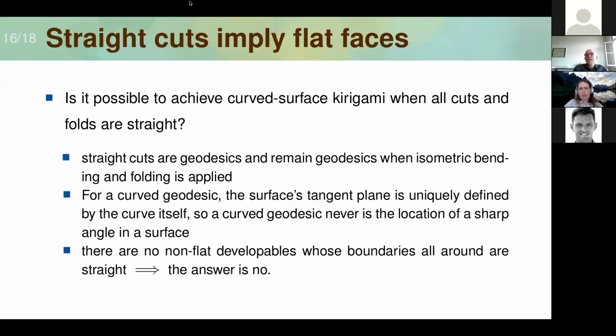I mean, developables are famous for having straight lines on them, but not all the way around, not on all four sides of the boundary. So for this reason, straight cuts imply flat faces, and we are right in requiring that our Kirigami structures are a union of flat quadrilaterals.